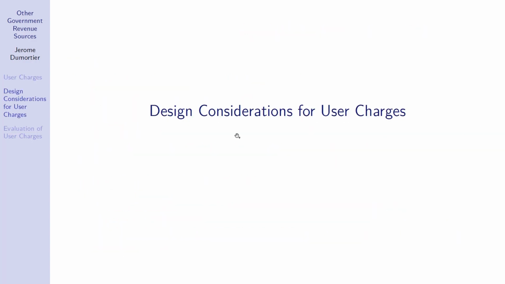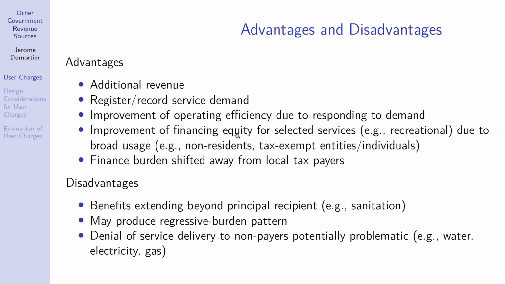Next, let us look at the advantages and disadvantages associated with user charges. The advantages are that user charges represent additional revenue for the jurisdiction, and that you can register the service demand, a measurement of how much demand there is actually for the good provided by the public.